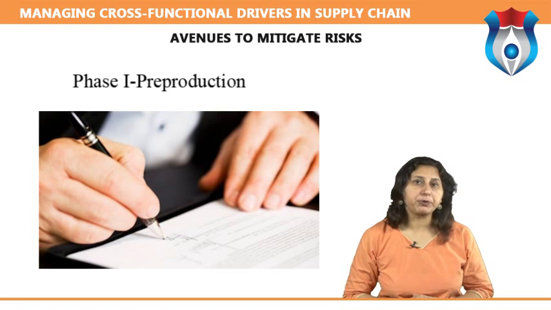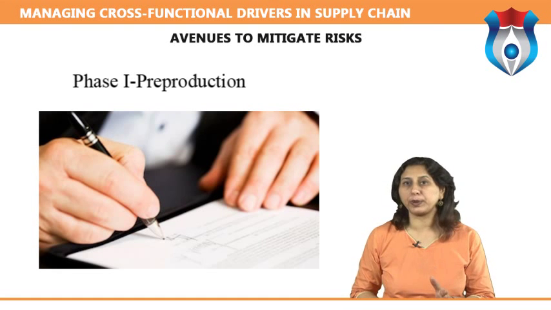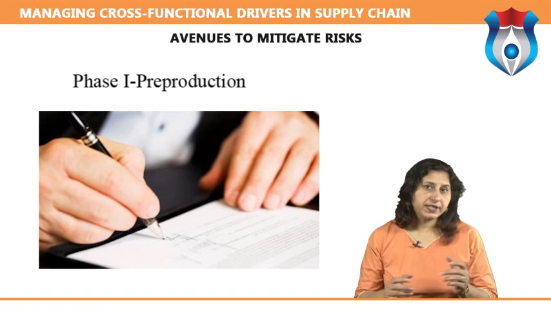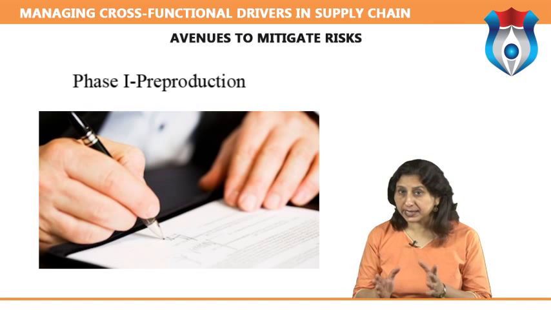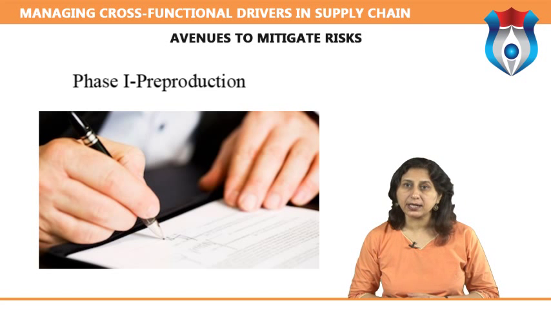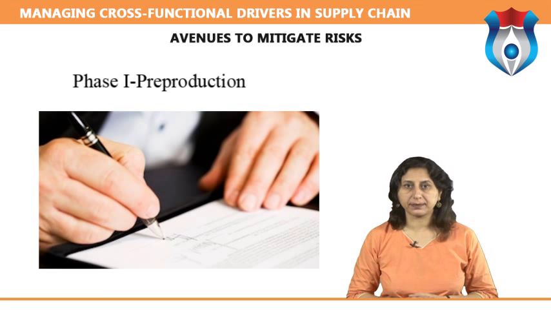Phase 1. Pre-production. Everything must start with a factory evaluation, and a comprehensive factory evaluation starts with a physical inspection. While walking the floor, it is important to take notice of the cleanliness of the production environment as well as storage areas for raw materials and finished goods.